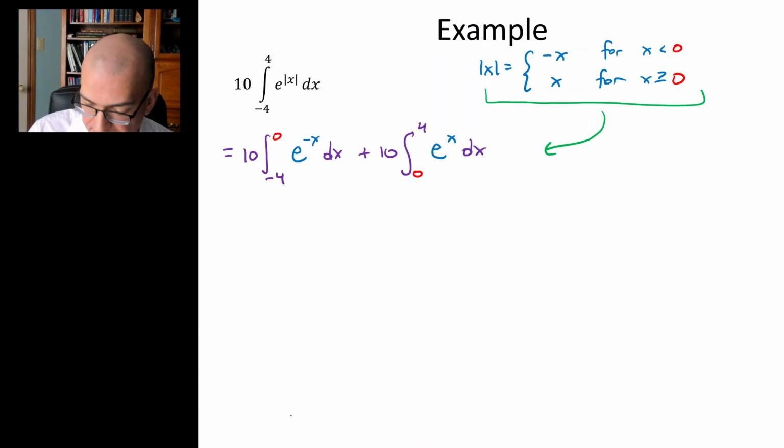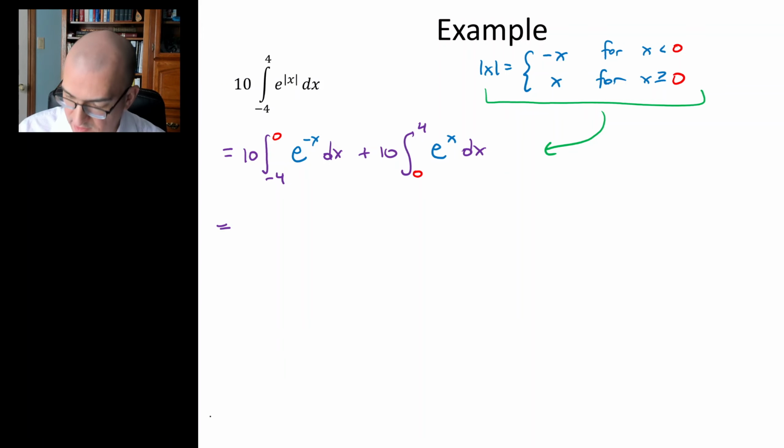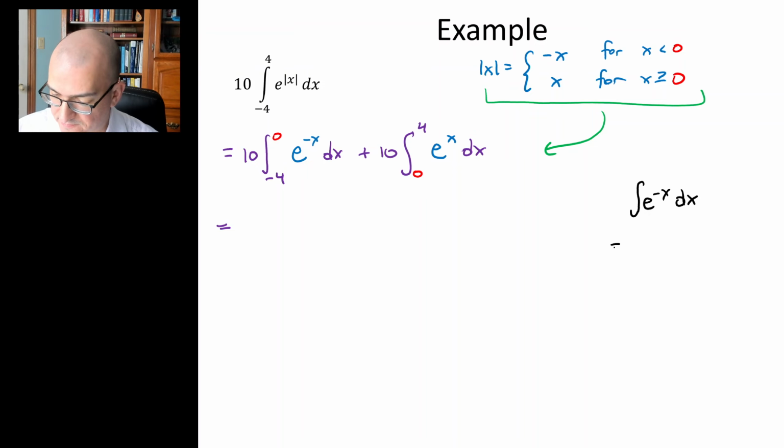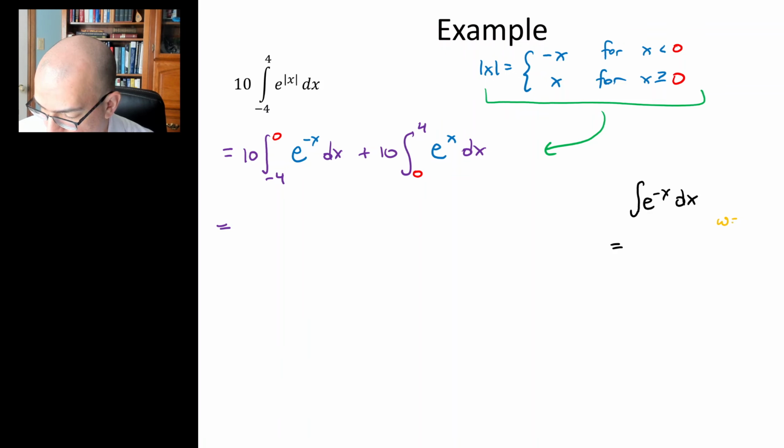Now the next step is to take the antiderivative of e to the -x. We're going to use a substitution. I'm going to let w equal -x. So dw by dx is equal to -1, so dx is equal to -dw.